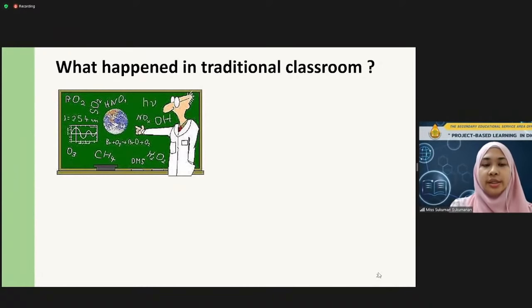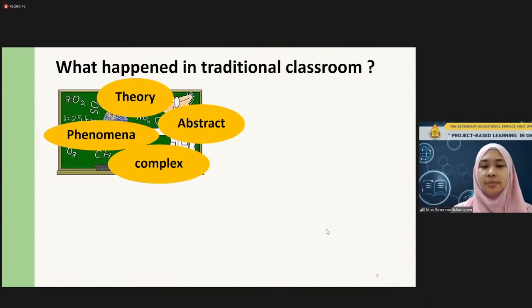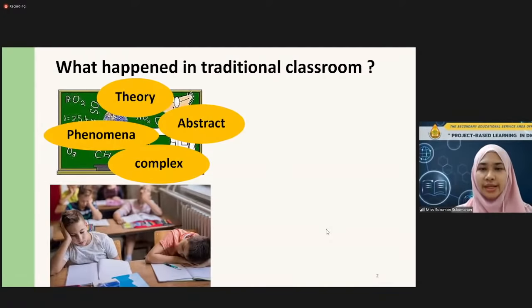He or she talks about the science theory or the phenomena or some abstract thing that you cannot make into a real picture, or some complex content in science. What's going to happen if you are sitting there for 1 or 2 hours? Yeah, you will be bored, right? So our students also are getting bored.